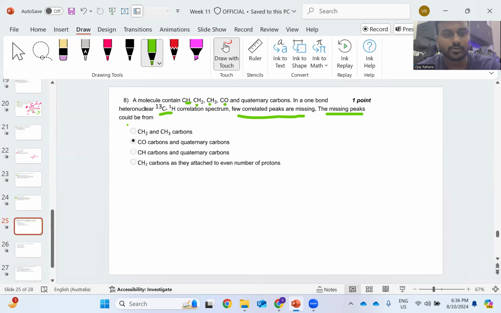The missing peaks obviously will be from the quaternary carbons, this CO and this quaternary carbon that I have shown in the DEPT. I haven't shown the correlation spectra of the 1H 13C, but I have shown the correlation due to the 1H 1H, that is the COSY. Unfortunately, I don't have right now the example of this 13C 1H COSY. It is also the same.